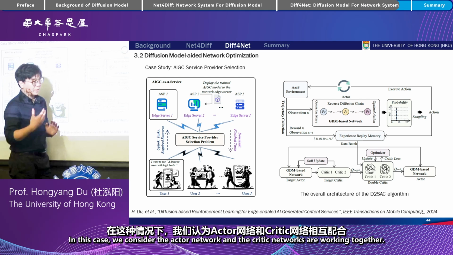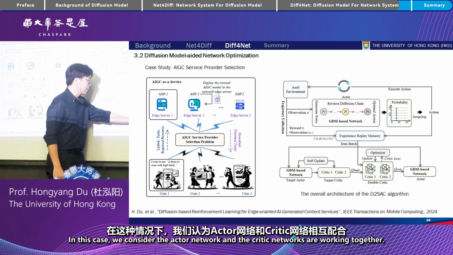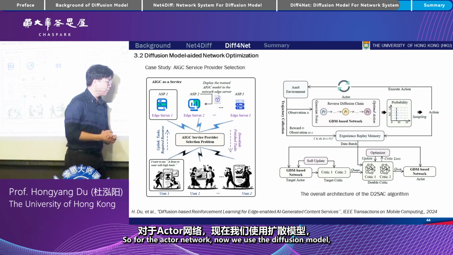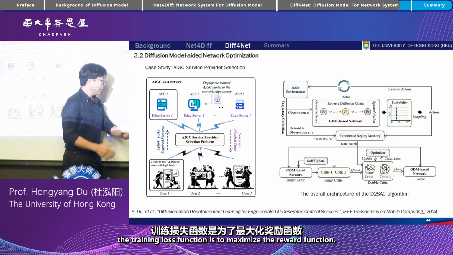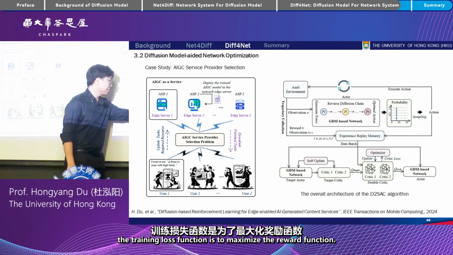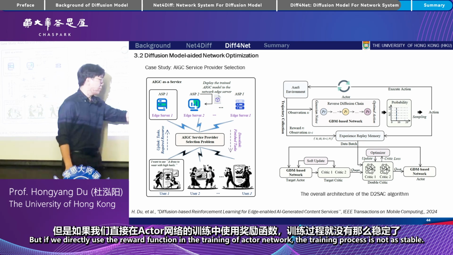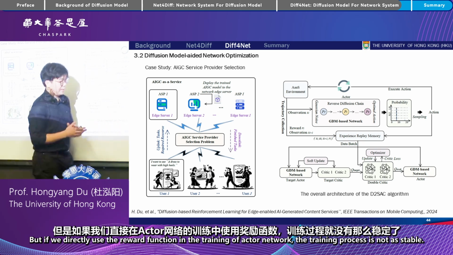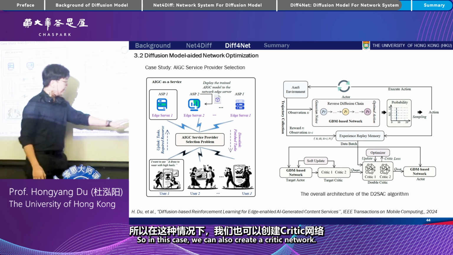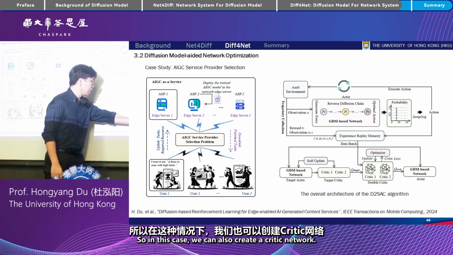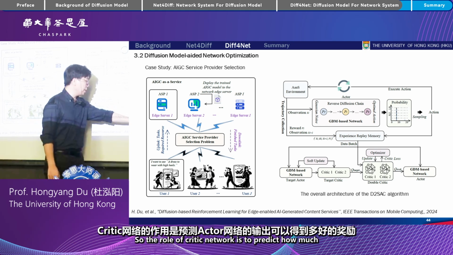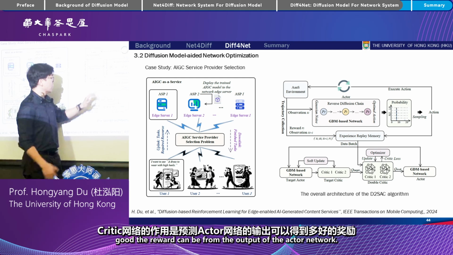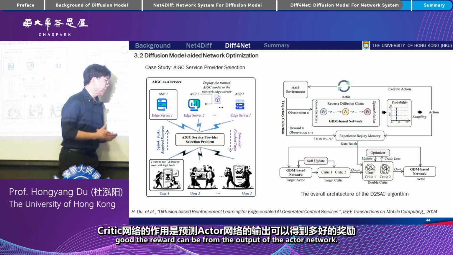In this case, we consider the actor network and the critic networks working together. For the actor network, now we use the diffusion model. The training loss function is to maximize the reward function. But if we directly use the reward function in the training of the actor network, the training process is not that stable. So in this case, we can also create a critic network. The role of the critic network is to predict how good the reward can be from the output of the actor network.